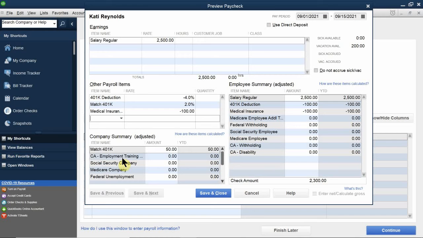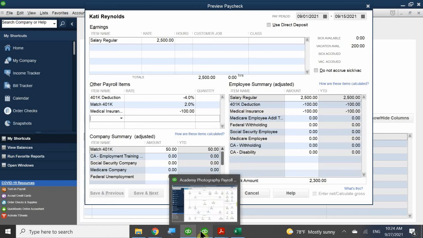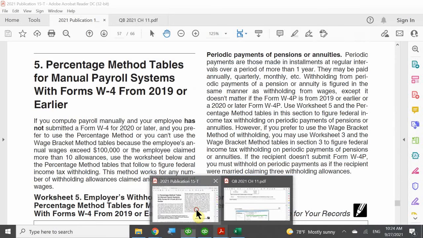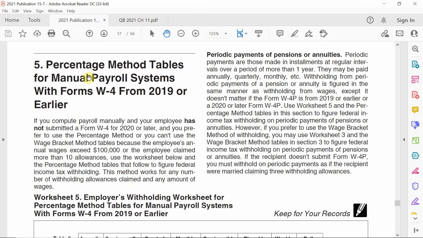Now, of course, that means I have to manually calculate everything. So what I'm going to do here is, once again, since I'm using manual payroll system, I'm going to find the table for this example here that this individual that I'm going to be calculating manual payroll, and I'm using the percentage method, okay?